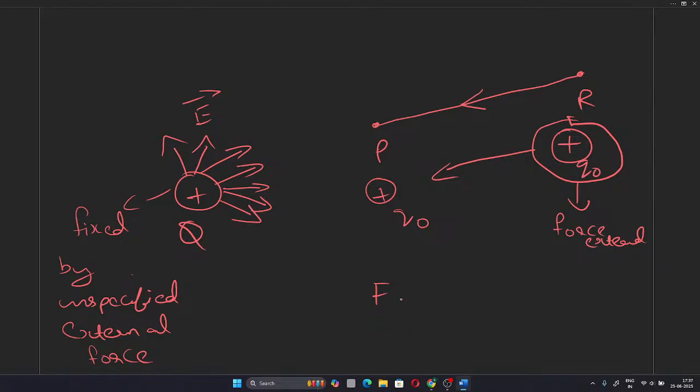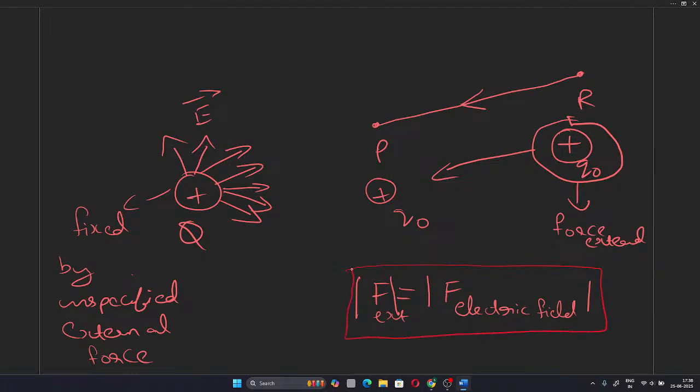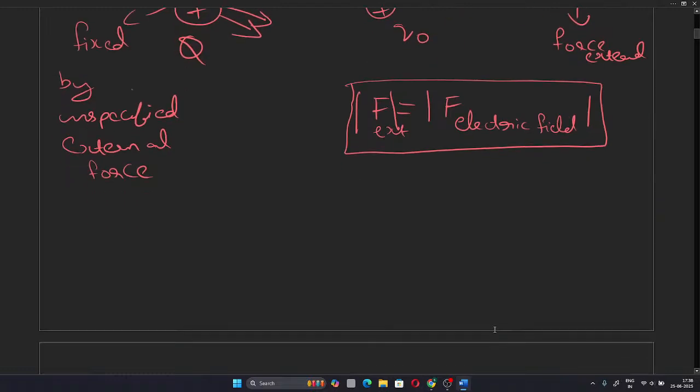This force, in NCERT, they took it equal, magnitude wise, to the force due to electric field. The force due to the electric field is acting this side, whereas our force is acting this side. So F external on Q naught test charge will be negative of the force due to electric field.